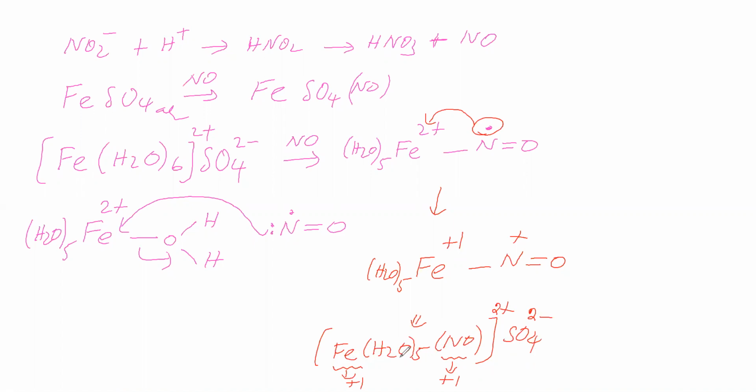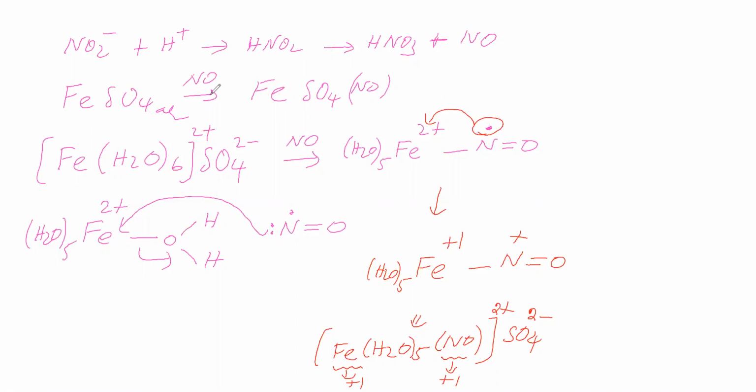Okay. So for the nitrite test, what is the test? You are adding dilute acetic acid. Nitrite takes acid and becomes HNO2. HNO2 is unstable, therefore it undergoes disproportionation to give nitric acid and nitric oxide. Then you are adding FeSO4 solution.